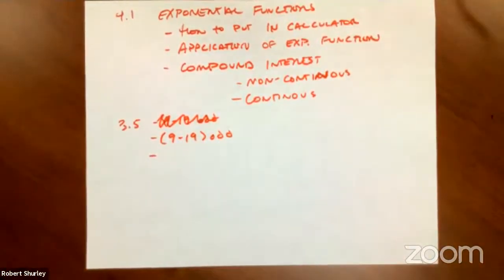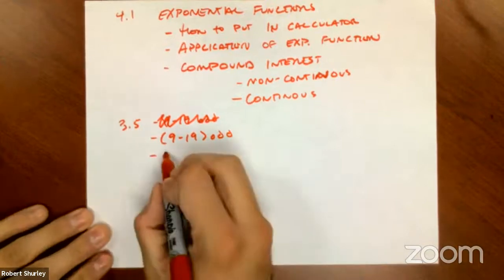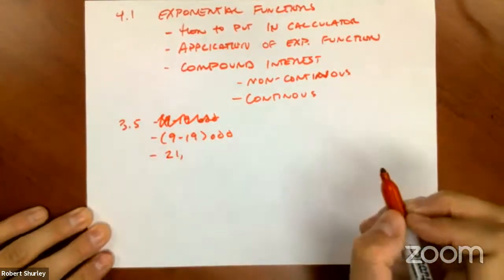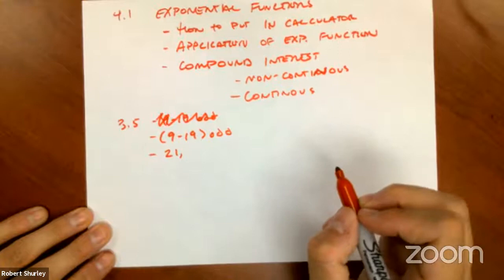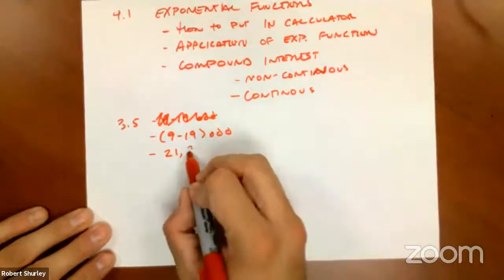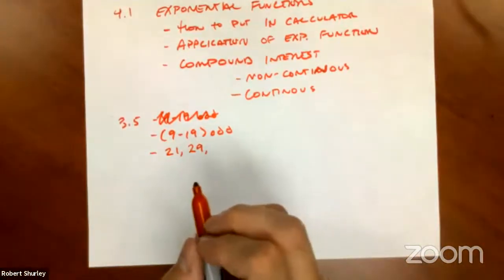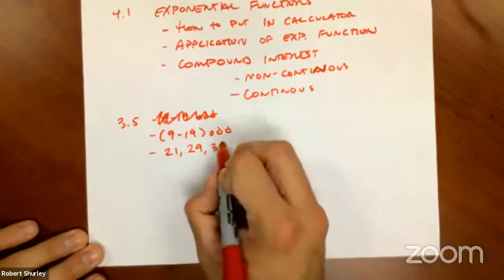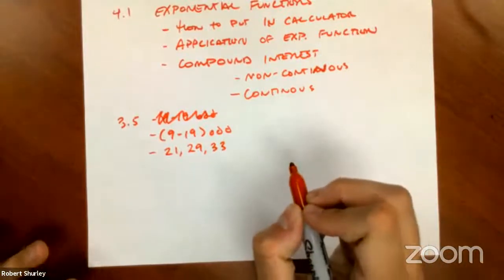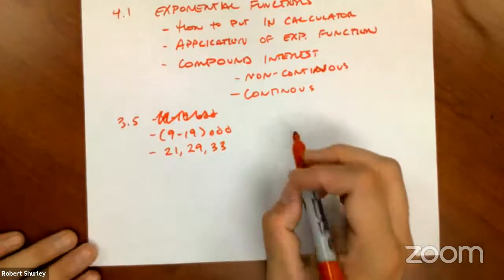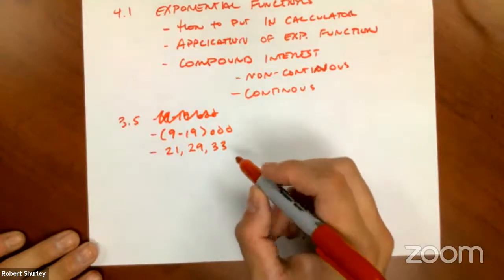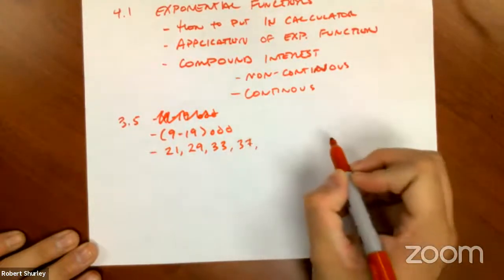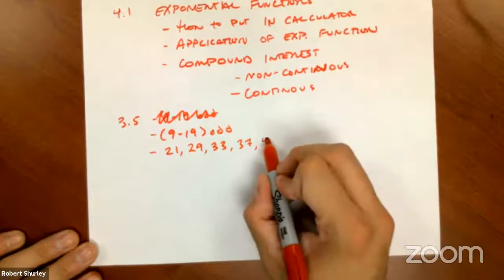And then I would look at 21, 29, and then 33, and then let's do 37, 43.